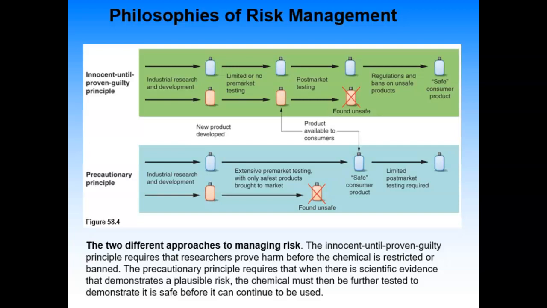In the first scenario, the innocent until proven guilty principle, we do introduce something that will require the researchers to prove that, let's say, a chemical is harmful. So you are using that chemical until it is proven that it is not safe. In the precautionary principle, you're doing that testing and you want to make sure that your chemical is safe before you allow it to hit the market.